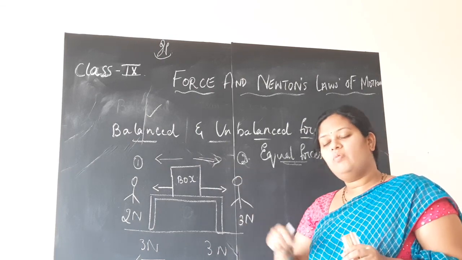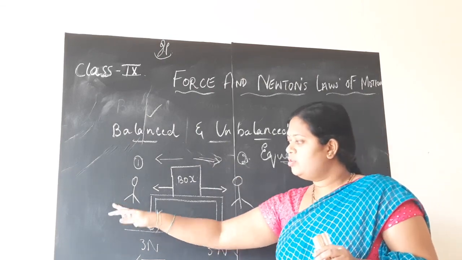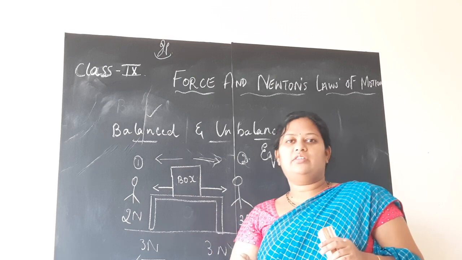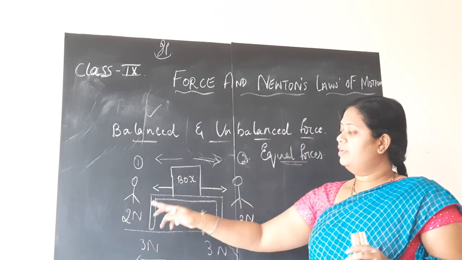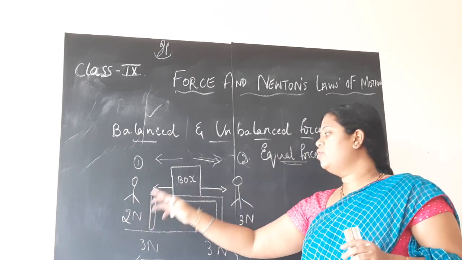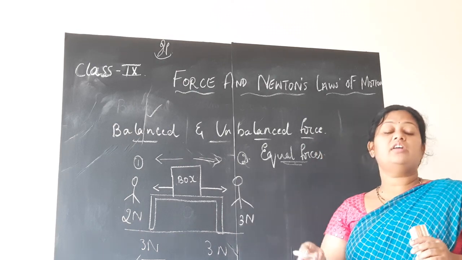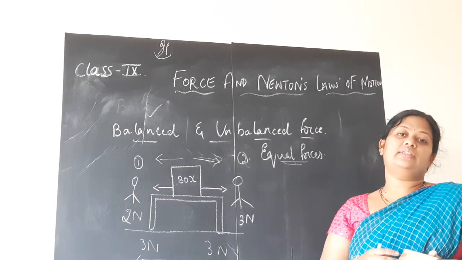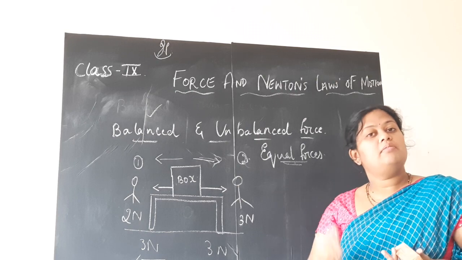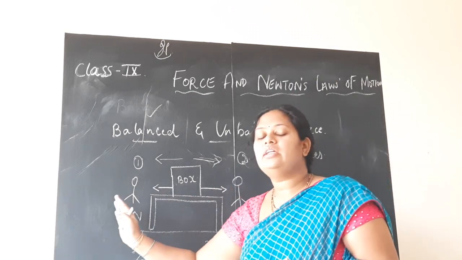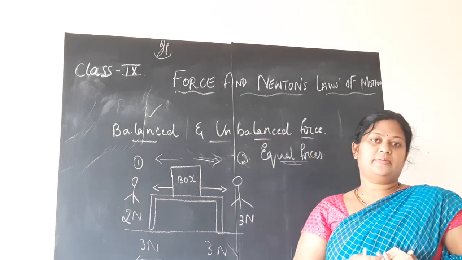If unbalanced force is applied from either side or from one side on the body, for now I am explaining two sides so that it will be easy for you to understand. If the forces applied on either side are different, then unbalanced force is said to be present, and that unbalanced force results in the motion of the object.